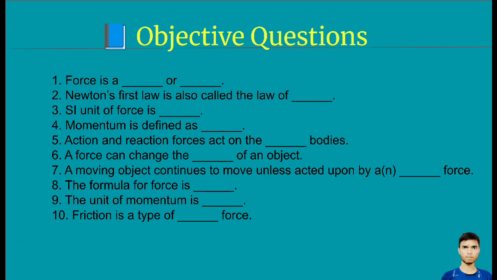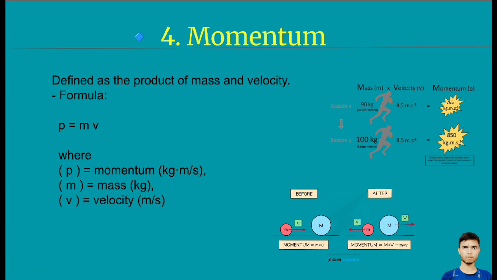Momentum is defined as, here you can see P is equal to mv. P is momentum, m is mass, and v is velocity. Also remember, velocity takes time and it has a speed.